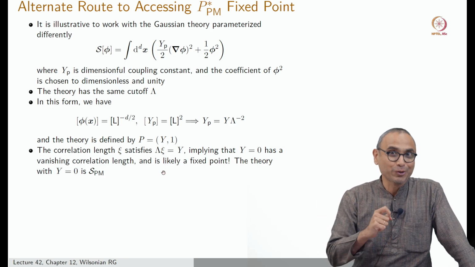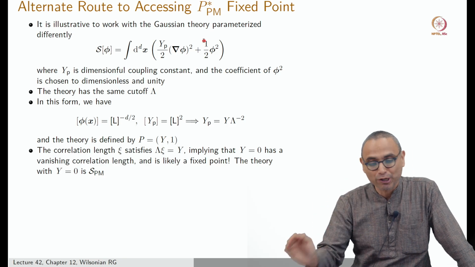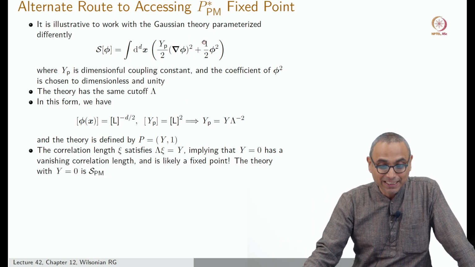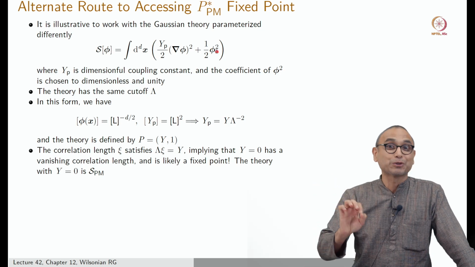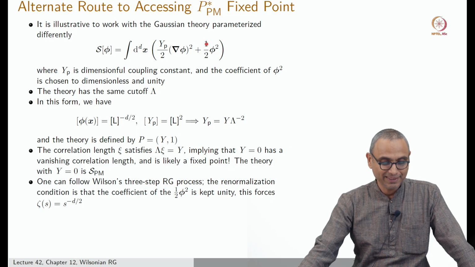So what I want to do is implement the renormalization group now with a different renormalization condition, which is that the coefficient of the phi square term should be left as identity, as the number 1. Okay.